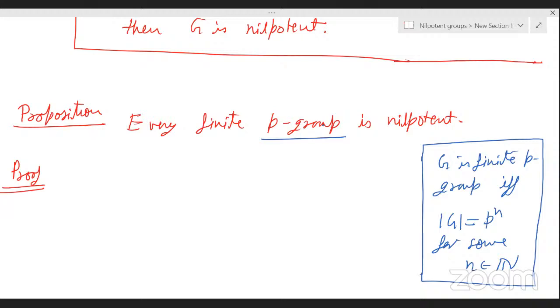And if you have a group of order P to the power n, then each of its elements will have order a power of P, so that will be a P group. So every finite P group has order P to the power n for some n. Okay, so we have to prove that every finite P group is nilpotent. There is one more result for a P group.